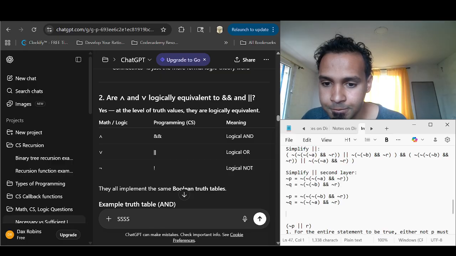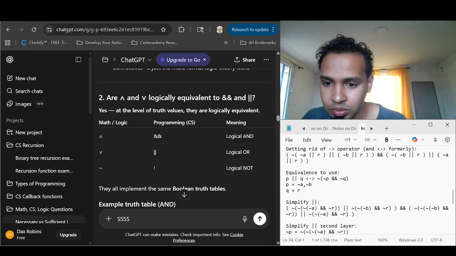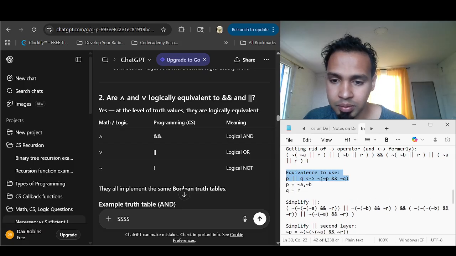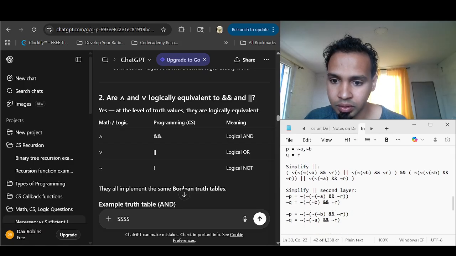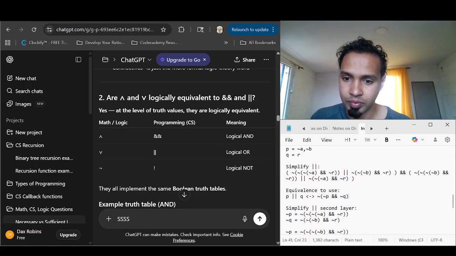And what we're trying to do is use the same equivalence right here.